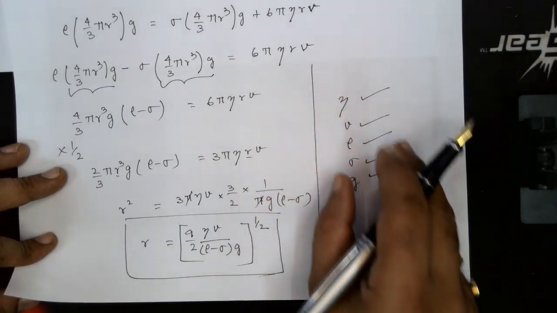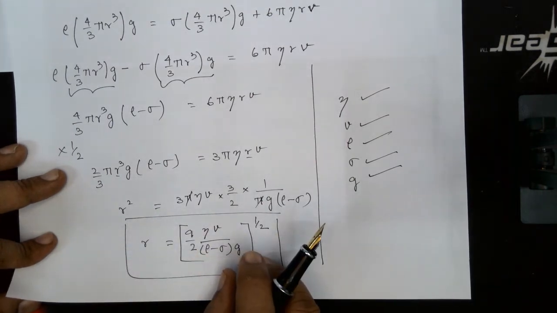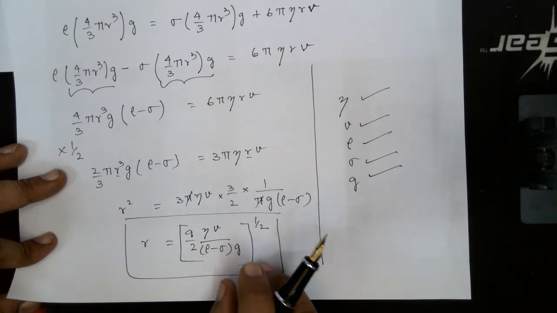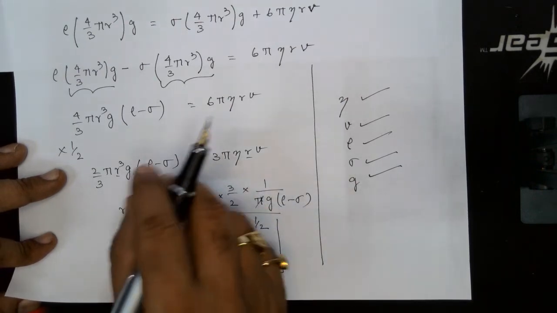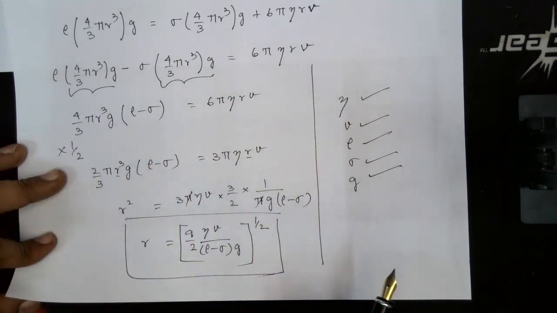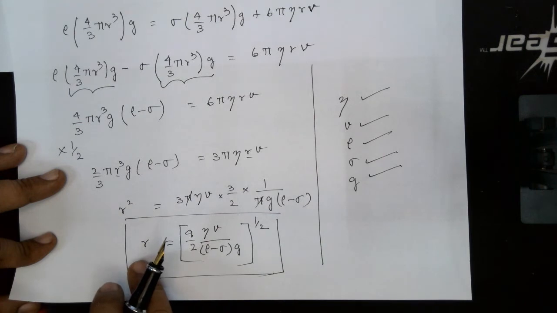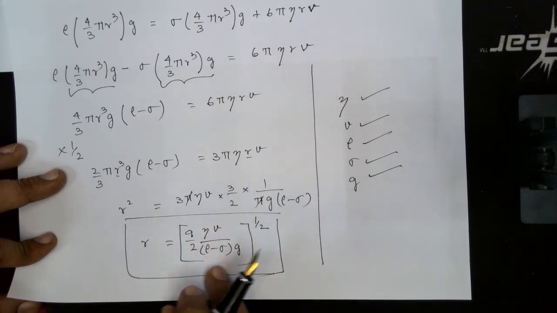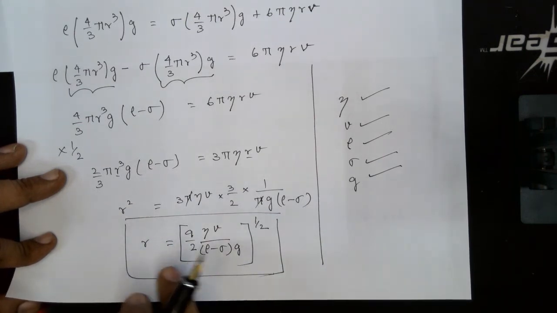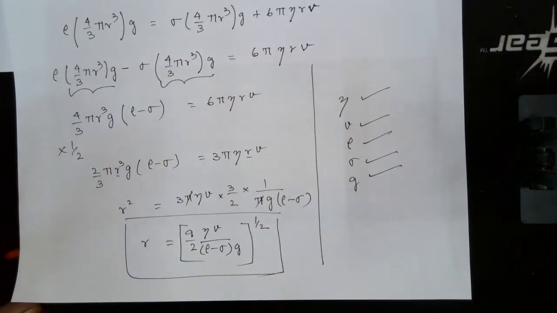By calculating all these values, we can easily find out the radius of the oil droplet. Otherwise, it would be very difficult using any instrument, any micrometer or screw gauge, to measure this oil droplet. So this is the indirect way of determining the radius of the spherical oil droplet. Is it clear? So this is the first phase of the equation.